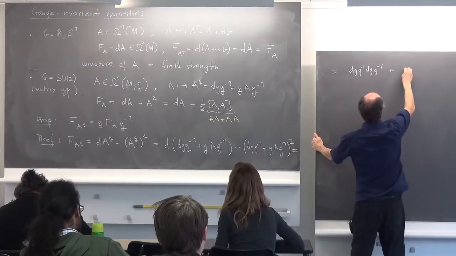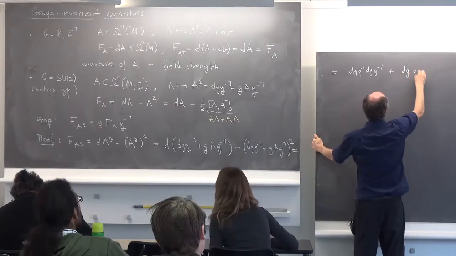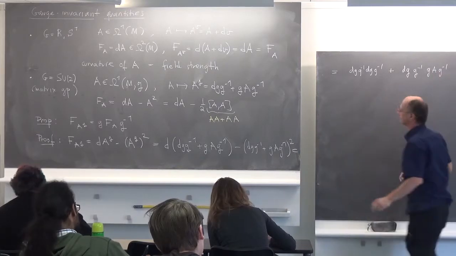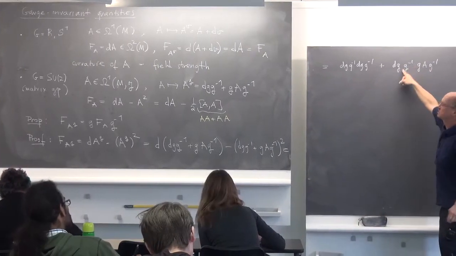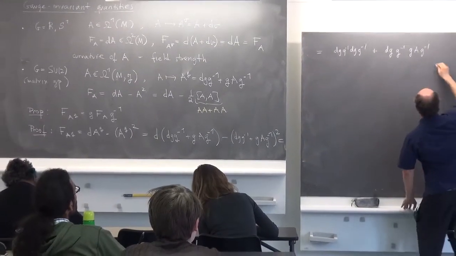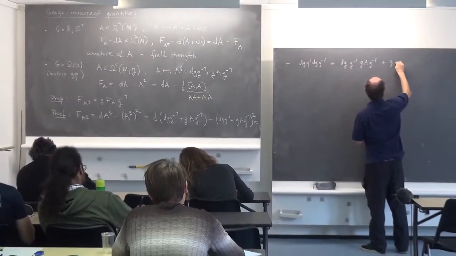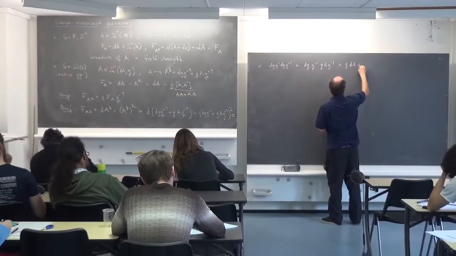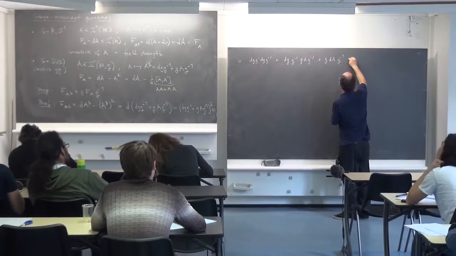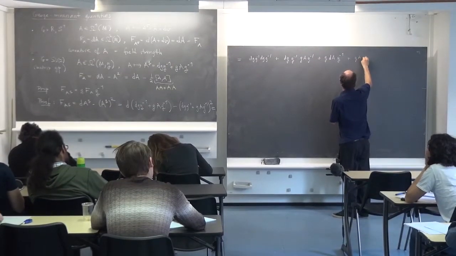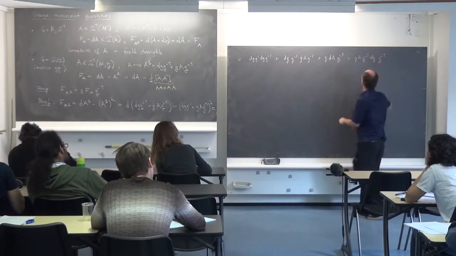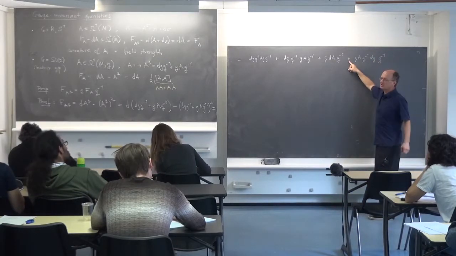Plus, let me write it in the following way, dg g^-1 g A g^-1. You see, I introduced this extra g^-1 g for convenience. Plus g dA g^-1. And then plus g A g^-1 dg g^-1. Explain to me this sign.